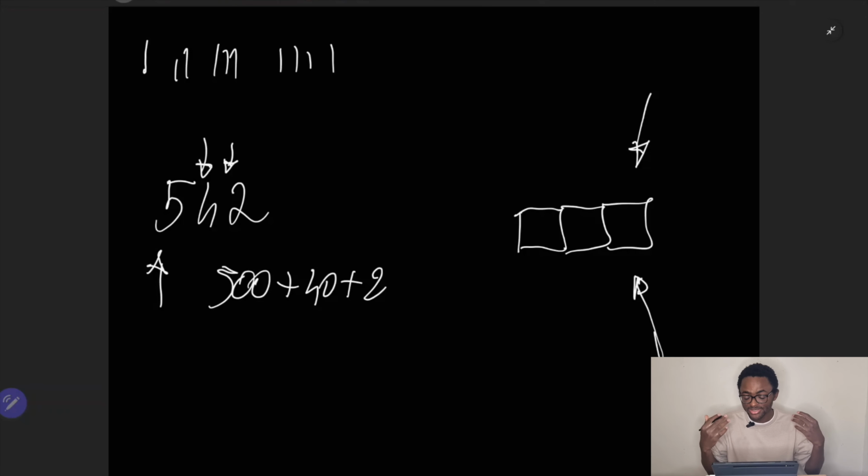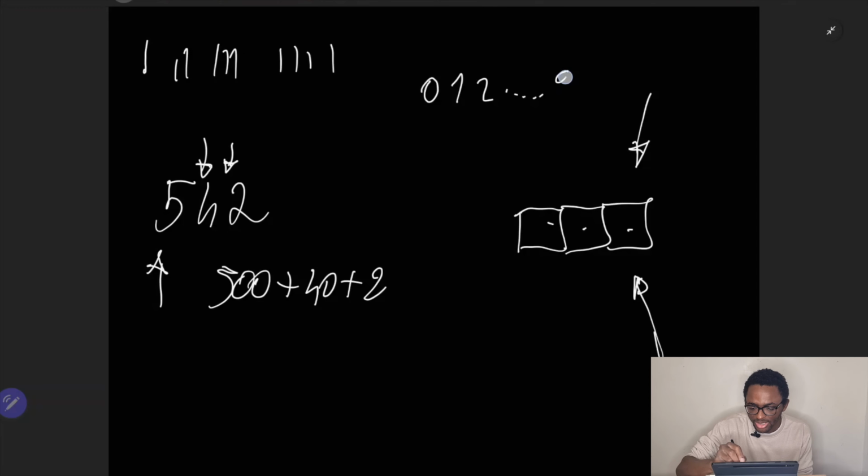So as we said, in the decimal system, we have 10 different symbols, so we need a way to be able to put 10 different electrical signals in each box. That would be having an electrical signal for level 0, 1 for level 1, 2, and so on up to level 9.